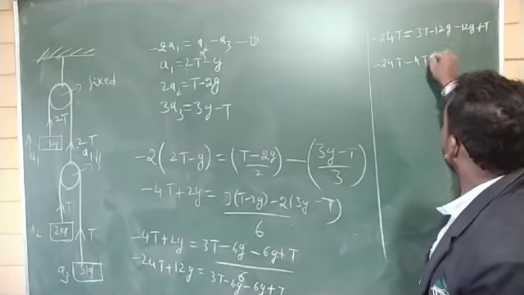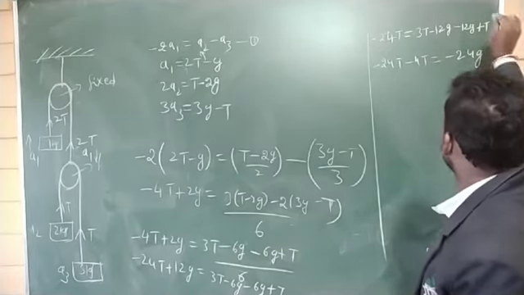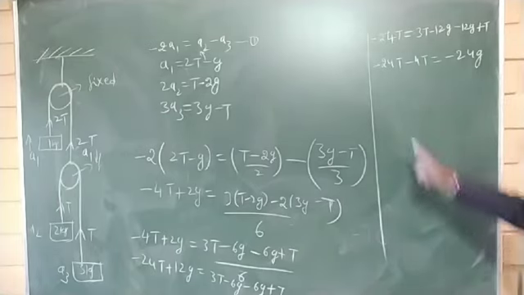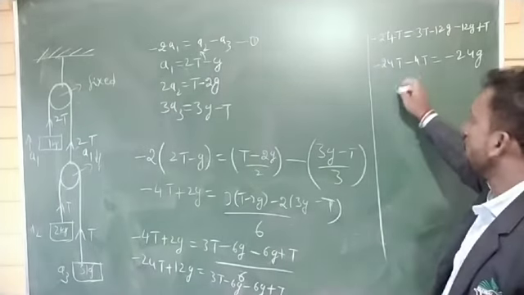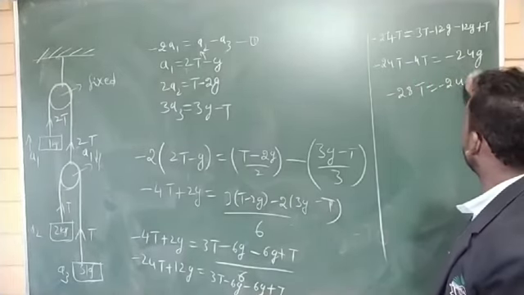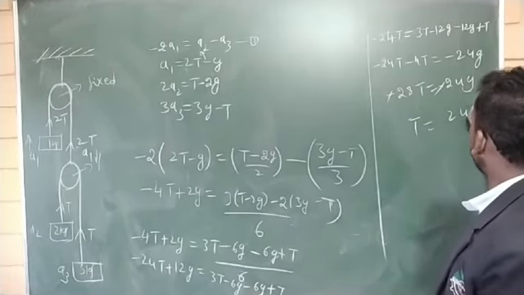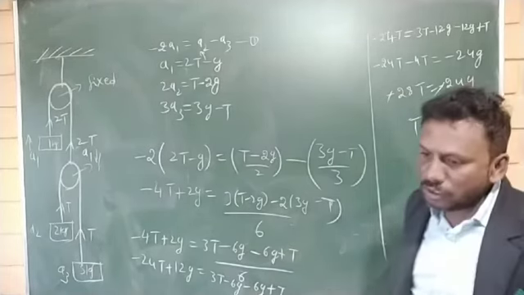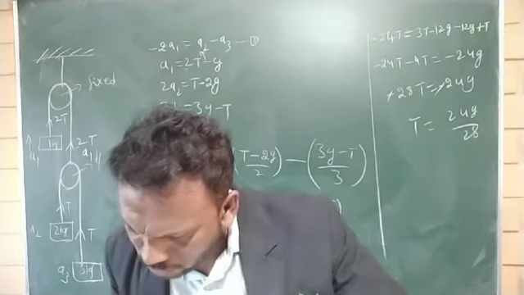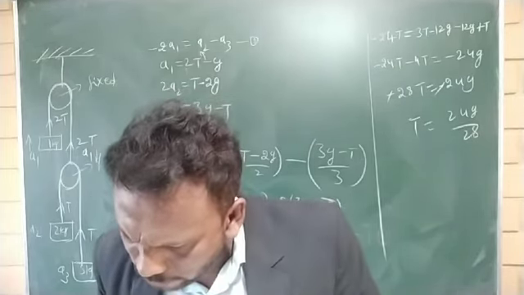That gives minus 28T is equal to minus 24g, so T is equal to 24g divided by 28.